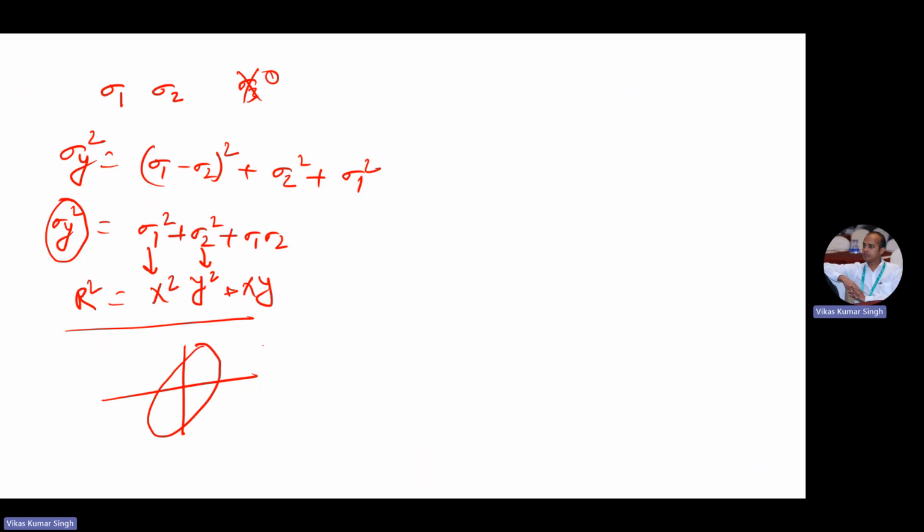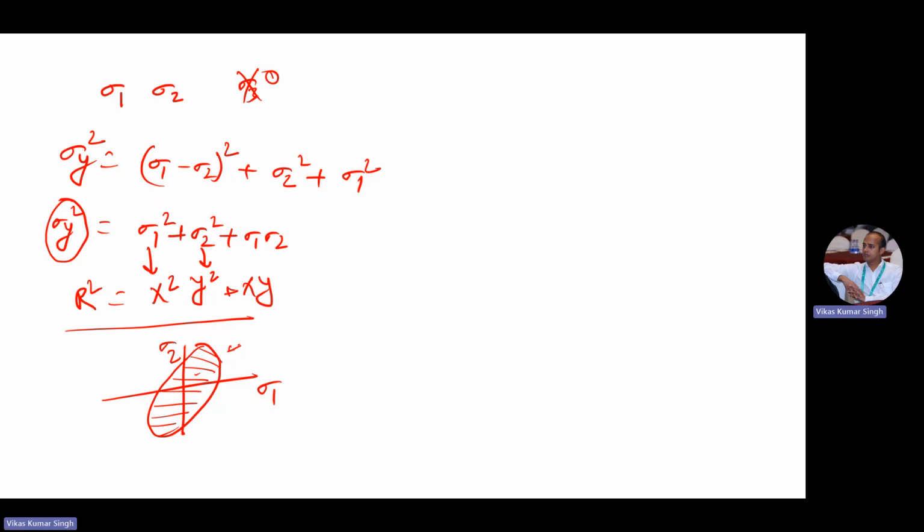Suppose this axis is sigma 1 and this one is sigma 2. All the values inside the ellipse give the safe condition, and outside the ellipse is dangerous for the design, meaning the material will fail. That is the condition.